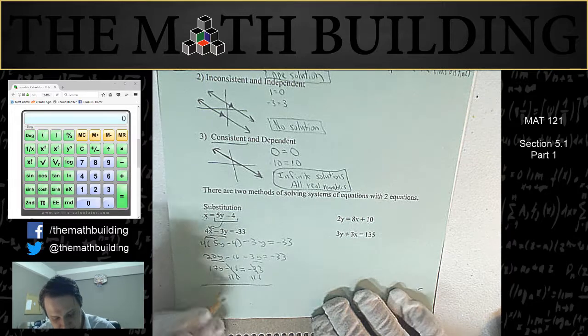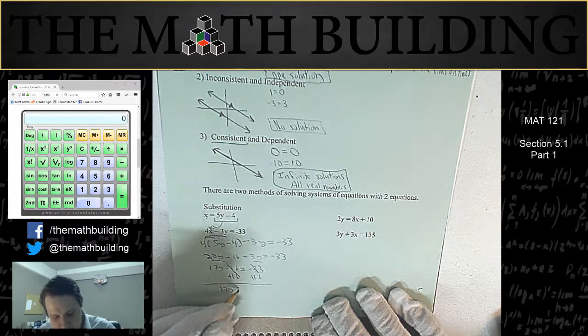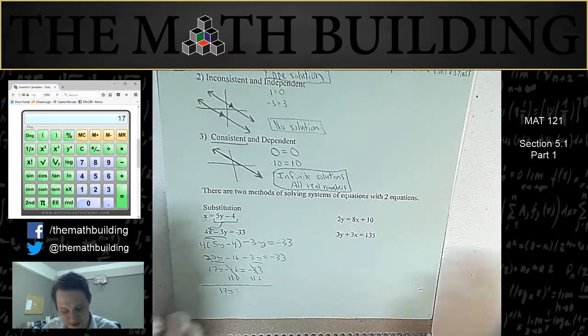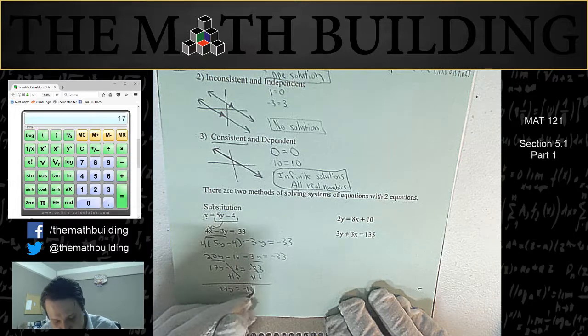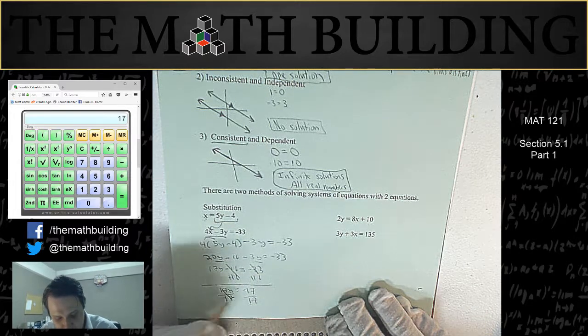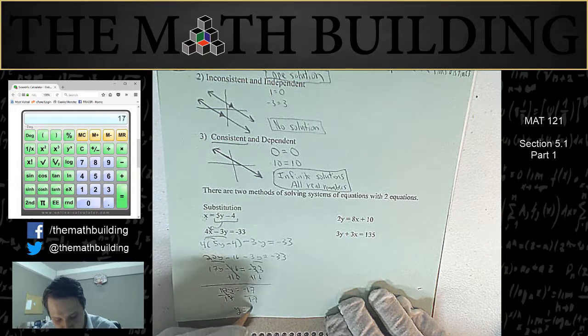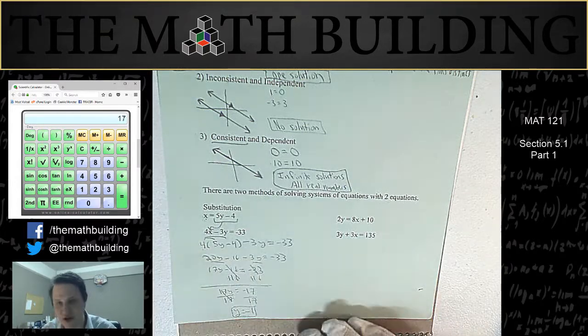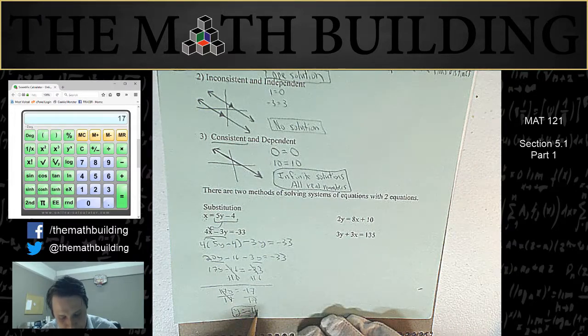That cancels. 17y equals negative 33 plus 16, which is 17, but the negative's bigger, so it's going to be negative 17. And divide by 17, divide by 17, we get y equals negative 1. So we found our y value, and we've done most of the work we had to do. So y equals negative 1.